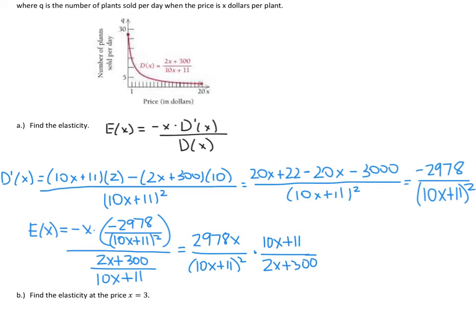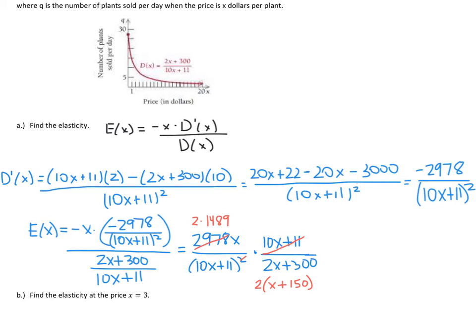So now our 10x + 11 in the numerator is going to cancel out with one of these in the denominator. Additionally, we have 2 as a common factor in the numerator and denominator. 2,978 is divisible by 2, and we can also factor a 2 out of our 2x + 300. So if I factor a 2 out of 2x + 300, we have x + 150. And if we factor a 2 out of 2,978, we have 2 times 1,489.